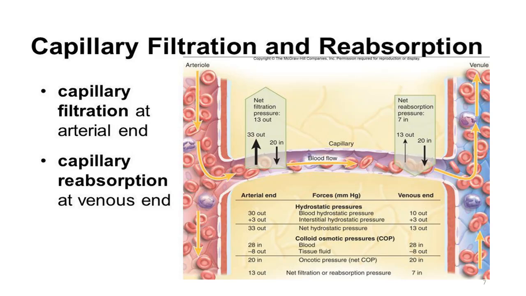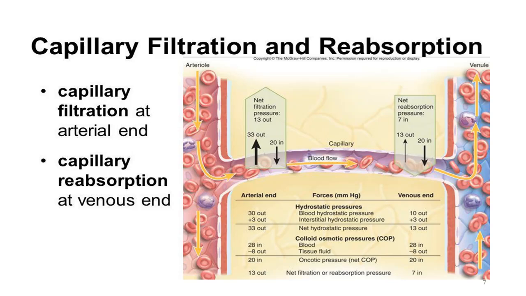We have two kinds of capillary end, and we want to discuss capillary filtration and reabsorption in this slide. Imagine that arterioles end in capillaries. The blood pressure of arterioles is about 30 millimeter of mercury. So this pressure of the arterioles should go inside the capillaries.